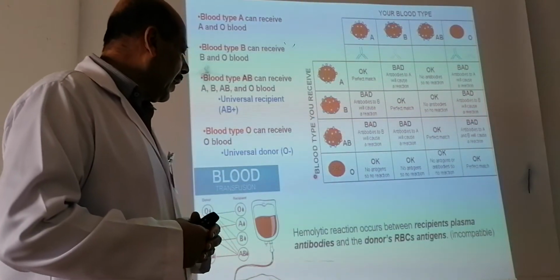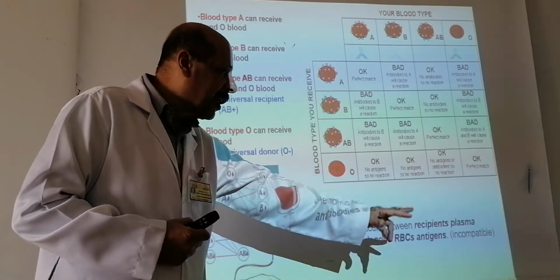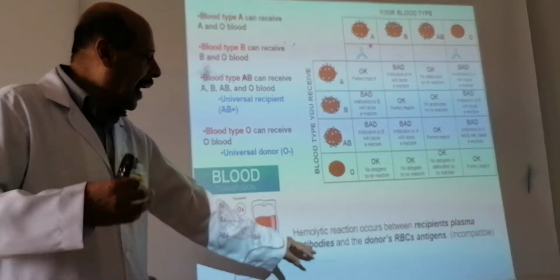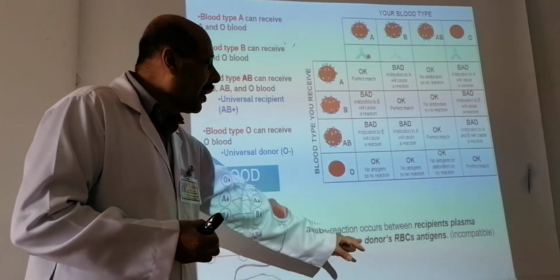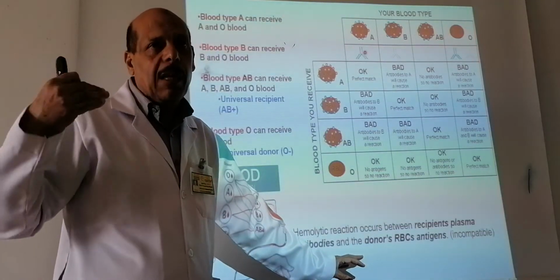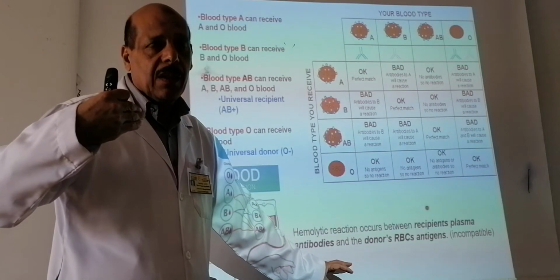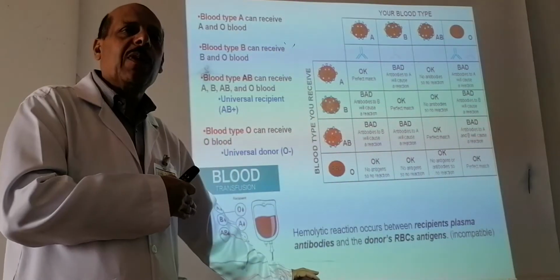And how we can transfuse the blood type. A hemolytic reaction occurs between the recipient's plasma, the patient's plasma and the antibodies in it, and the donor blood, the blood that is transferred from another person to that patient.